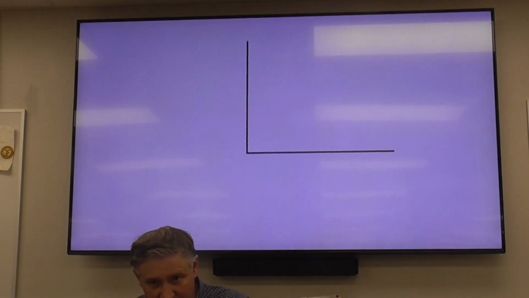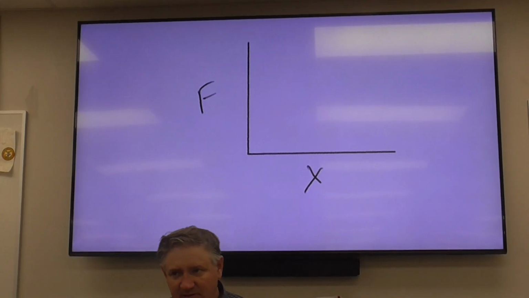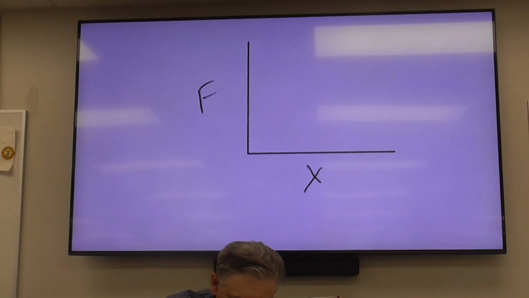Now, remember this for the lab today: when you're doing force and elongation with the spring, you have to put force on the y-axis and the elongation on the x-axis. This isn't about independent and dependent variables.